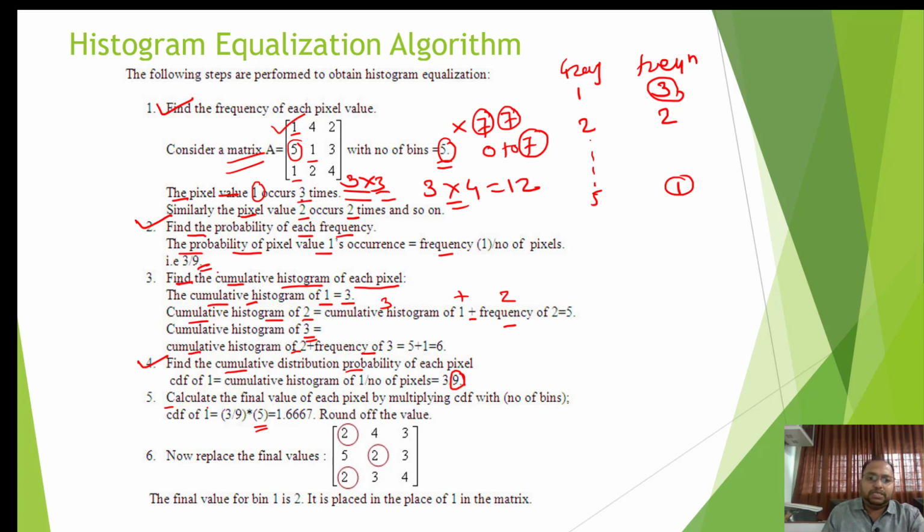That was the only mistake that I made. Then we need to go for rounding off, and this will be the final result after performing this. So this pixel 1 has been represented by 2, and this 4 has been represented as 4.